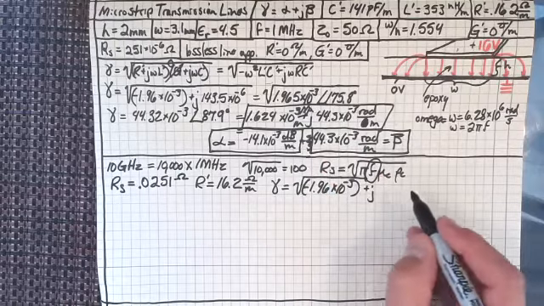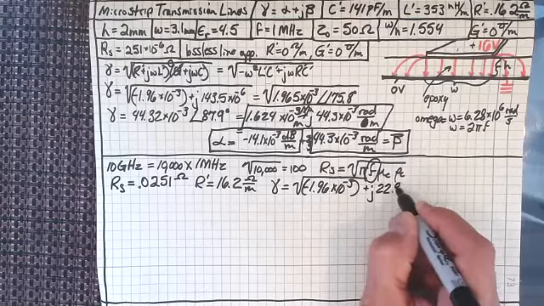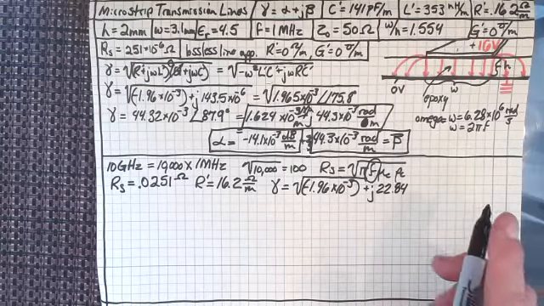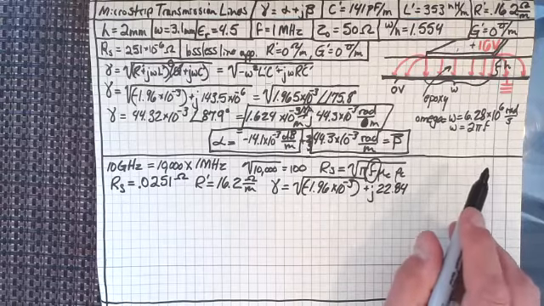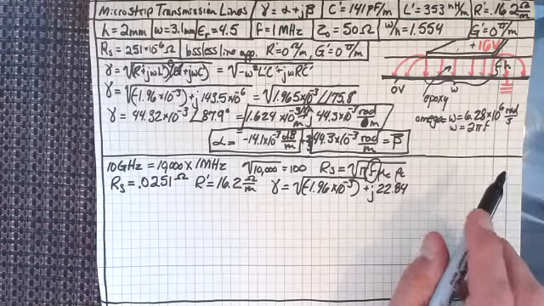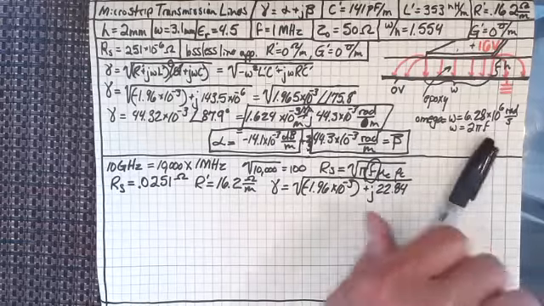Yeah, well, it's huge. Anyway, I get 22.84, which is a pretty large number. Hey, wait a second. Let me see if I've actually figured this out right. Just a second.